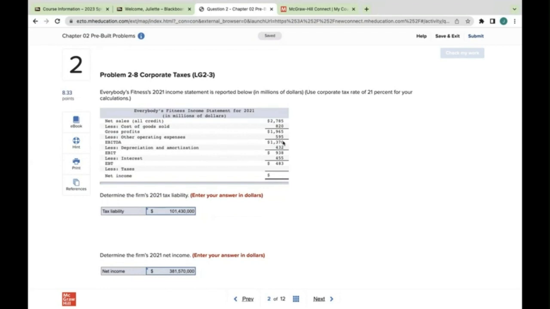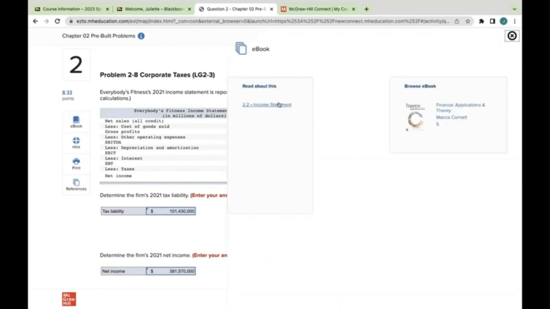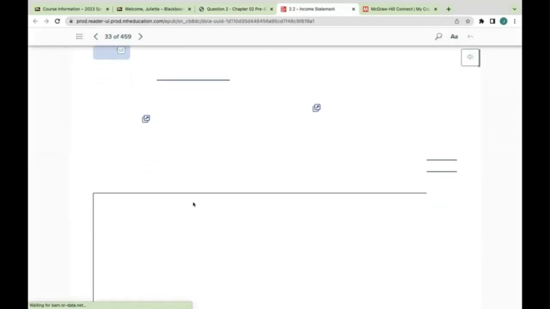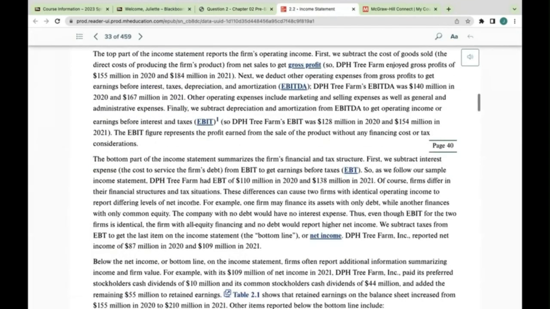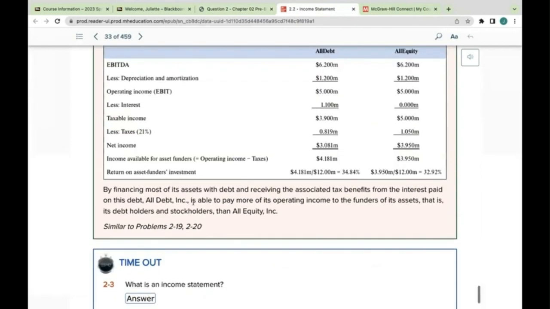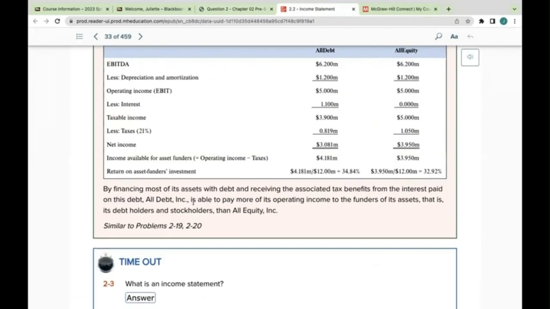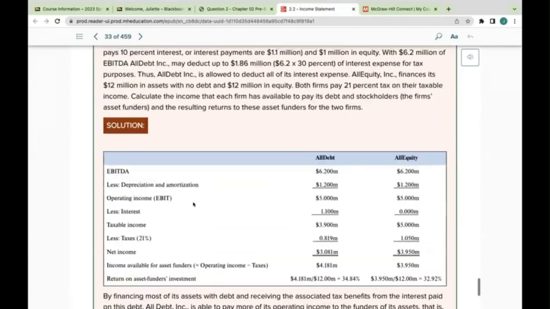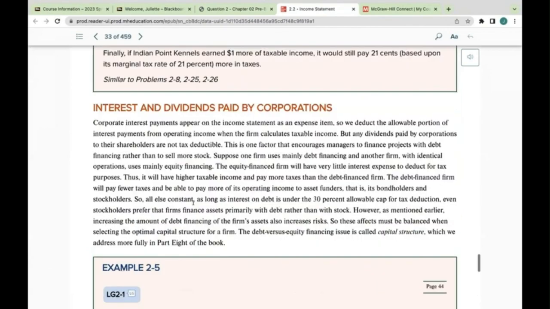Because think about it: if those regulations change, what if they allow deducting up to 70%?